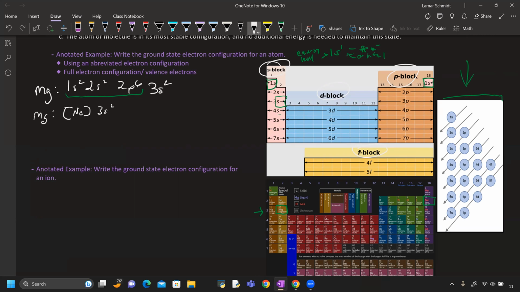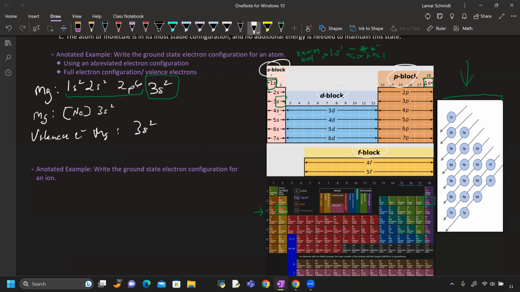So that's how we express the full configuration and then also the abbreviated configuration. Now, if I were to ask you to write the electron configuration just for the valence electrons, well, what are valence electrons? We should know that valence electrons are only the electrons in the highest energy level. So out of energy level 1, energy level 2, and energy level 3, energy level 3 is the highest. So we're only going to express those electrons in the highest energy level. So for the valence electron configuration for magnesium, we're just going to write 3s2.